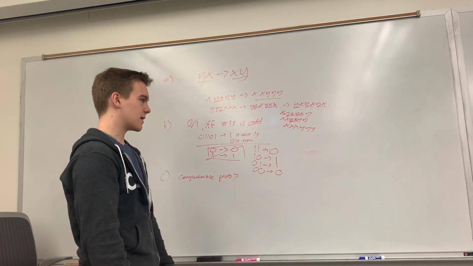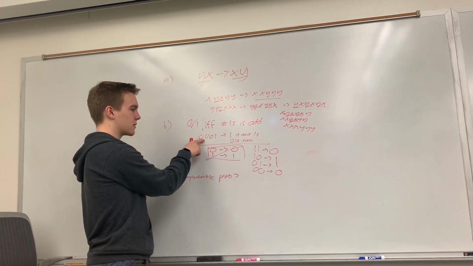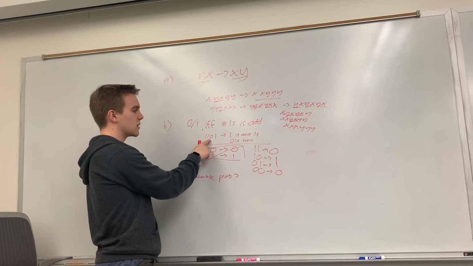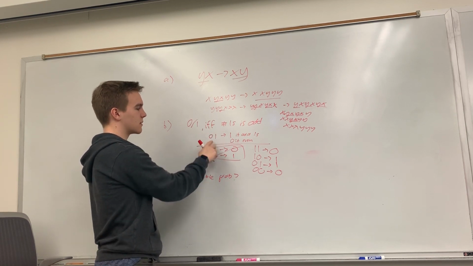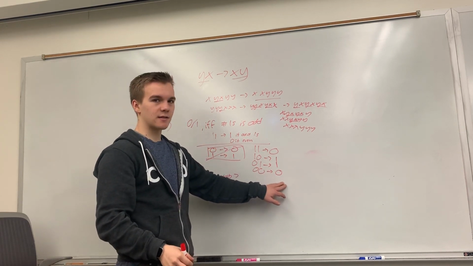And I think this will work because for any length string, like let's take this one up here, it'll turn this 0, 1 into a 1. It'll turn this 1, 0 into a 1. It'll turn this 1, 1 into a 0. And it'll turn this 0, 1 into a 1. So this takes anything that's 2-digit and makes it 1 digit.